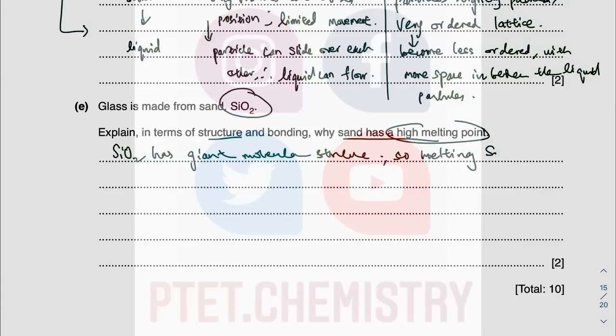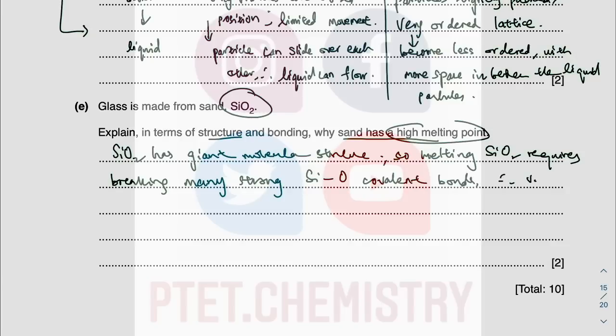Melting SiO2 requires breaking many strong covalent bonds. In fact, what will make your answer stronger is you talk about the Si-O covalent bond in the context of this example. Therefore, very high melting point.